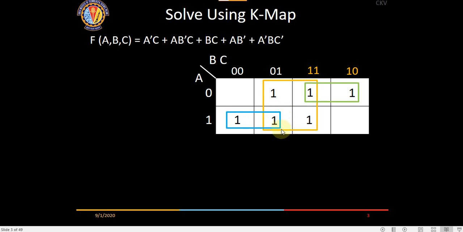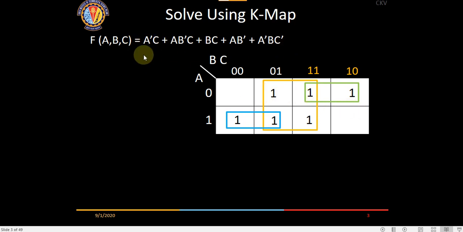So this will be one box, this will be the second box, and this will be the third box. Are we clear about how to write the expression for these boxes? Is there any doubt? Sir, don't we first need to convert the function f into min terms and then put ones and zeros in the boxes? Yeah, you'll have to convert this into min terms, because otherwise we will miss out.